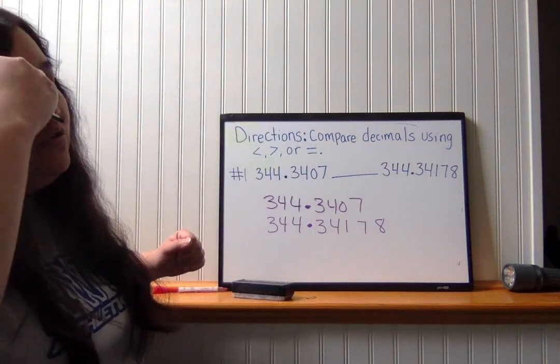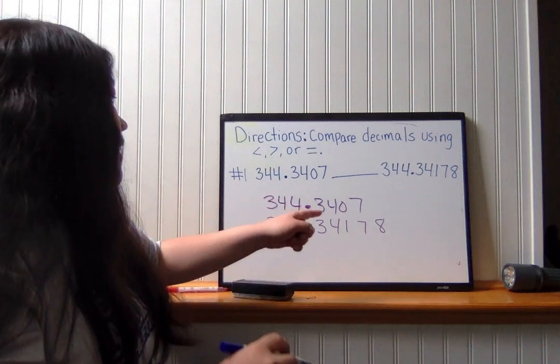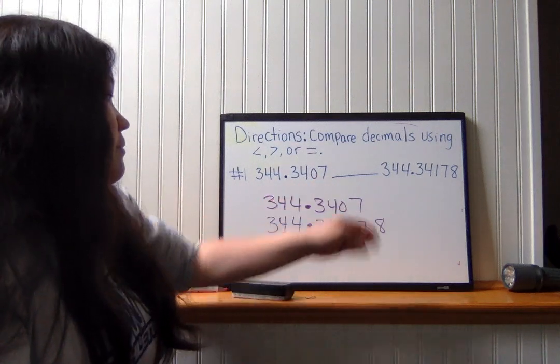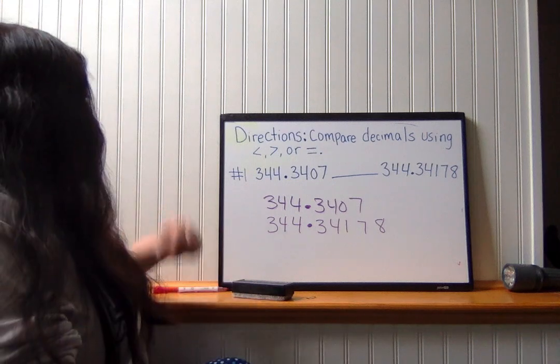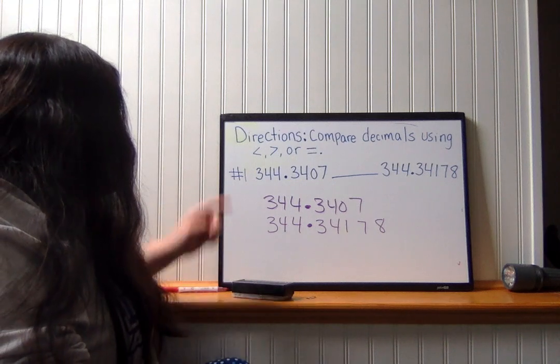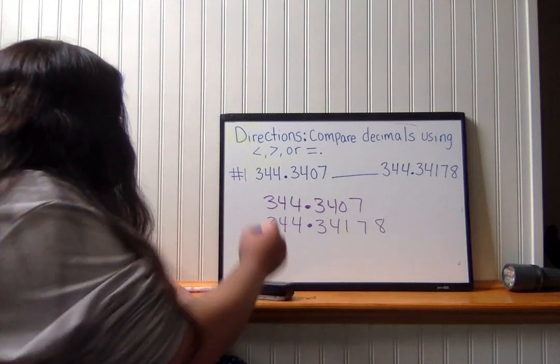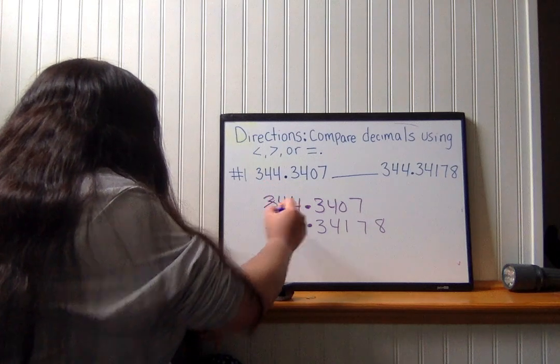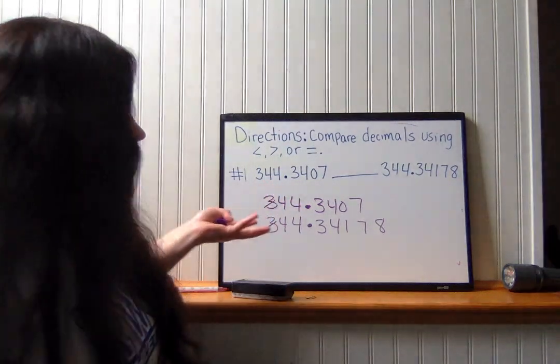And what I like to do is just go from left to right and compare each number. I lined everything up. So I'm looking at the hundreds place where the 3 is. Well, 3 and 3 are the same, so that's not going to help me with anything. I can cross that off.